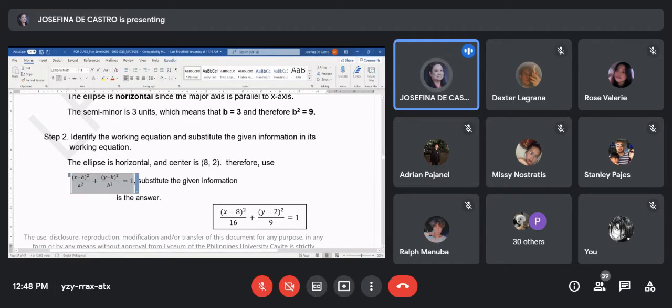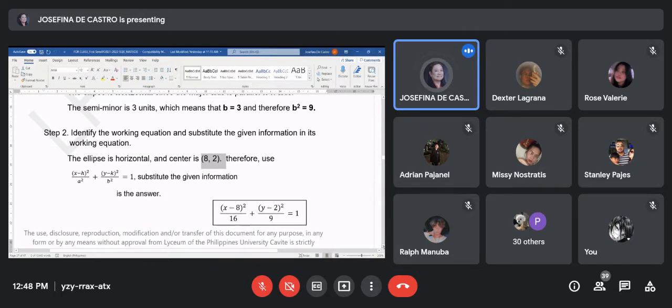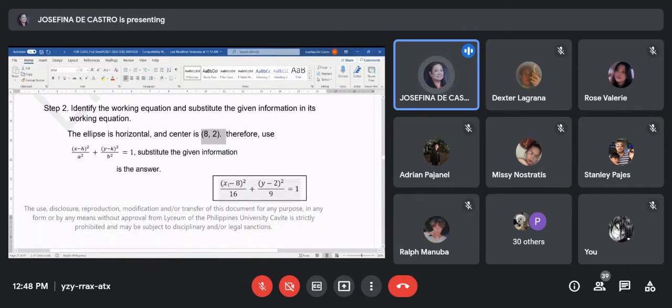Substitute now the h, k. Be careful sa pagsasubstitute. So, that will become (x minus 8) quantity squared over 16 plus (y minus 2) quantity squared over 9 is equal to 1. Don't forget the equal to 1.